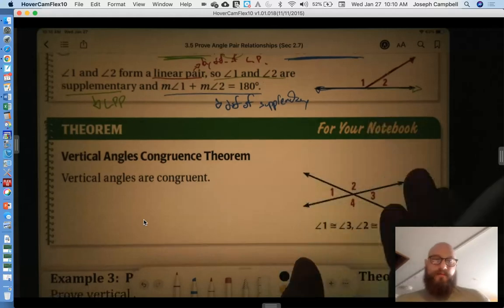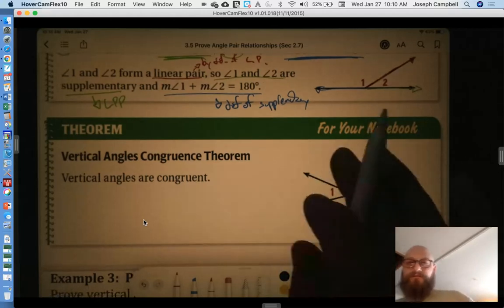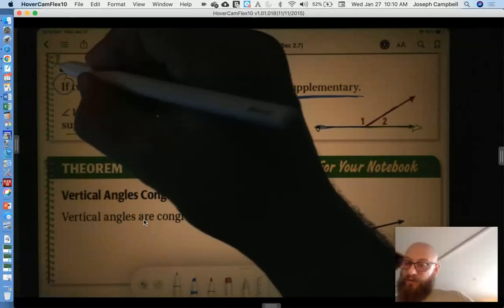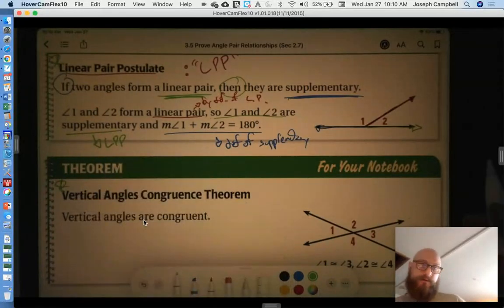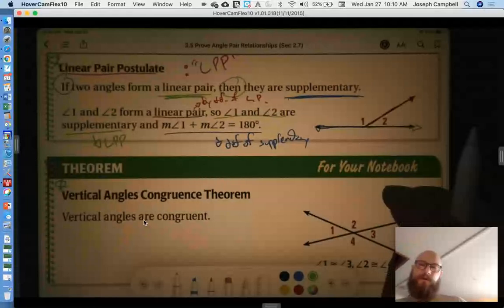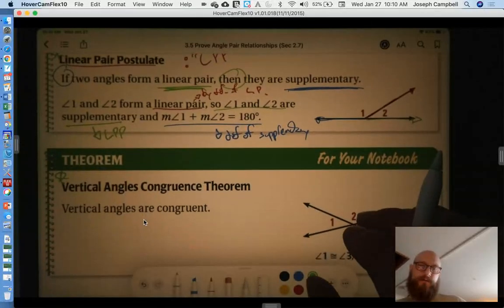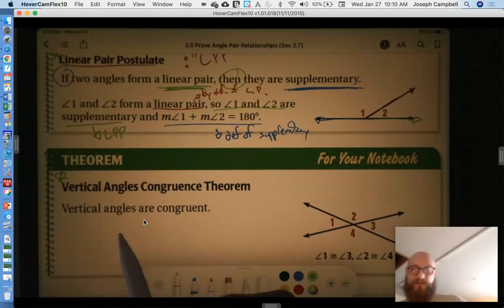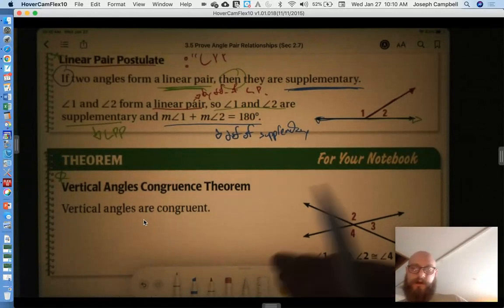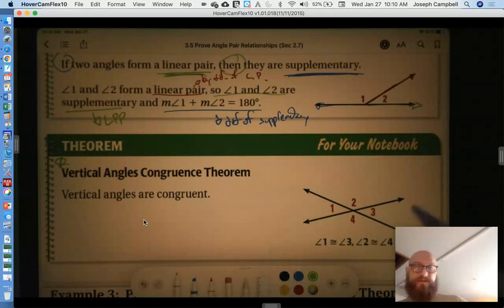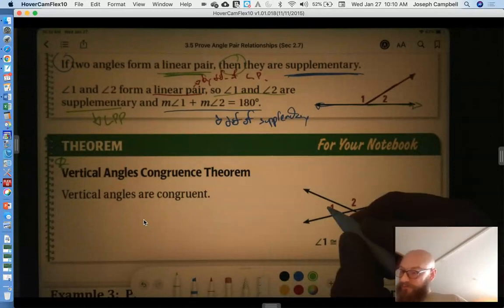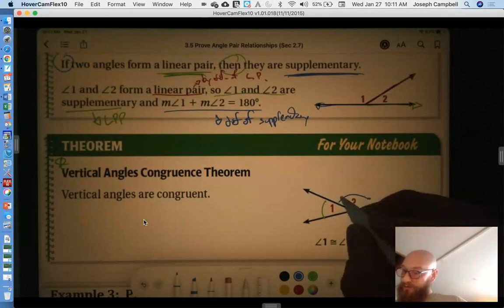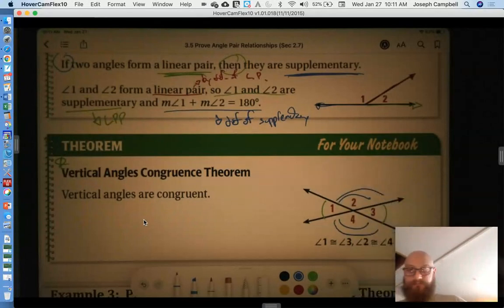All right, then we have the vertical angles congruence theorem. By the way, we're going to be using these two a lot, a lot more than the other one, the congruent supplements theorem. These two get used over and over again, used and abused, okay? The vertical angles congruence theorem says vertical angles are congruent. What are vertical angles? We've drilled this before, but vertical angles would be like 1 and 3, or like 2 and 4.